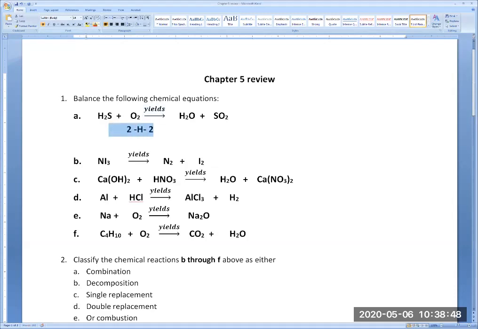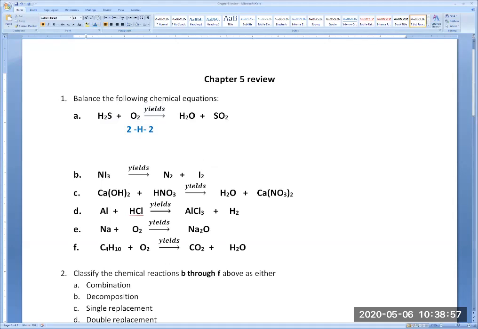Let me make this blue so we see what I add more easily. Let's count sulfur. S is for sulfur. There is 1 sulfur on the left and 1 sulfur on the right.